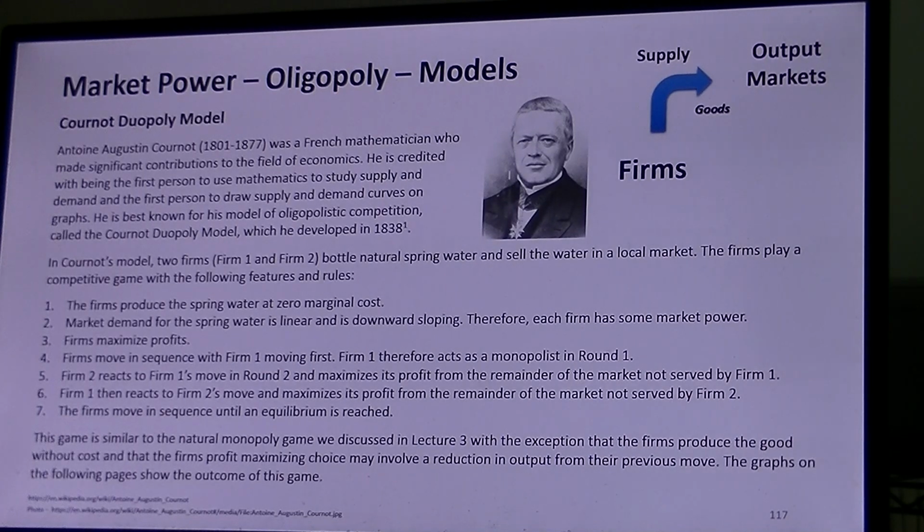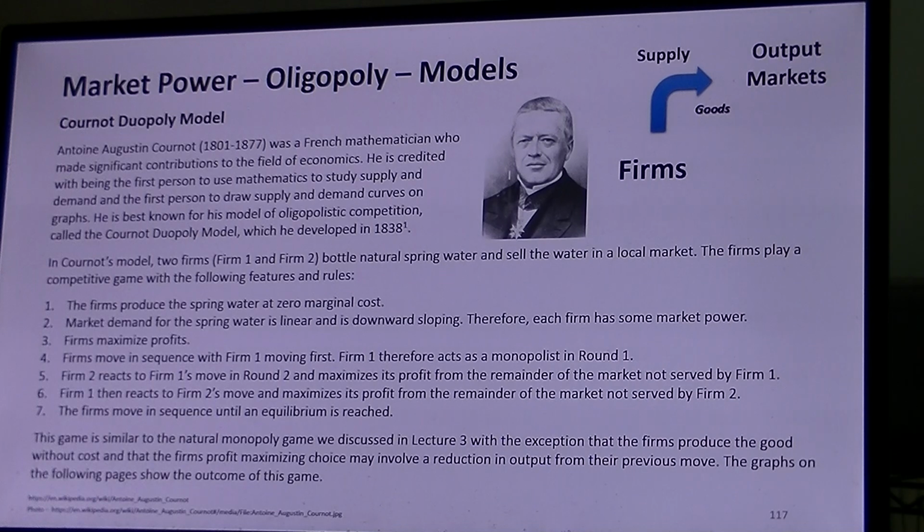And then firm 2 reacts to firm 1's move in round 2 and maximizes its profit from the remainder of the market not served by firm 1. Then firm 1 reacts to firm 2's move and maximizes its profit from the remainder of the market not served by firm 2. So this moves back and forth in sequence until an equilibrium is reached.